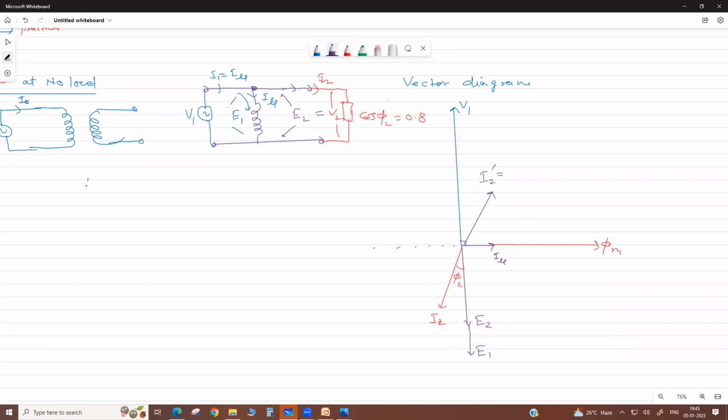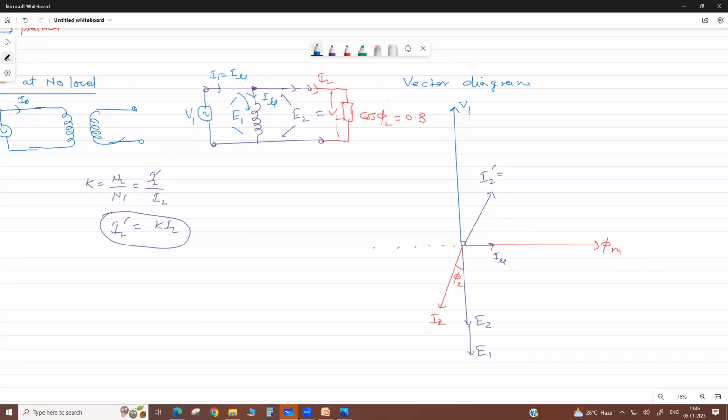As I told, K equals N2 by N1 equals I2 dash by I2, correct? And I2 dash equals K I2. Please remember, I2 dash equals K I2. K is the turn ratio of the transformer.